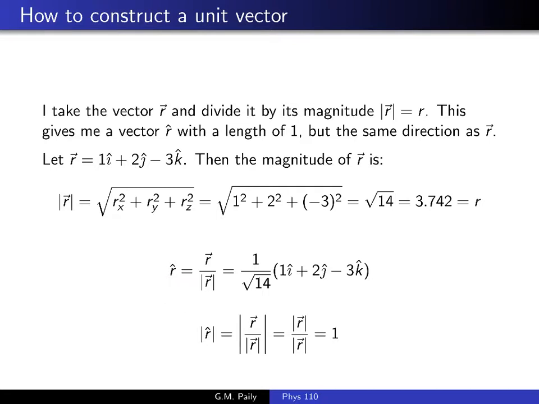If we take r hat and find its magnitude, that simply becomes the magnitude of this expression, which becomes magnitude of r divided by magnitude of r, which is 1.